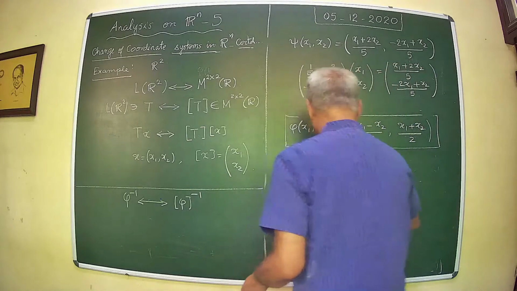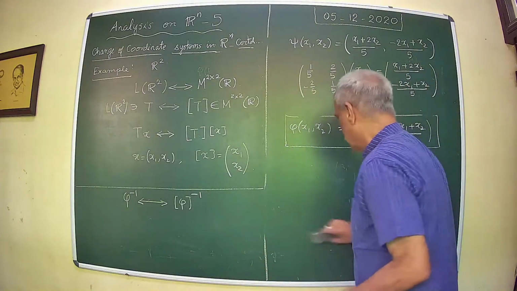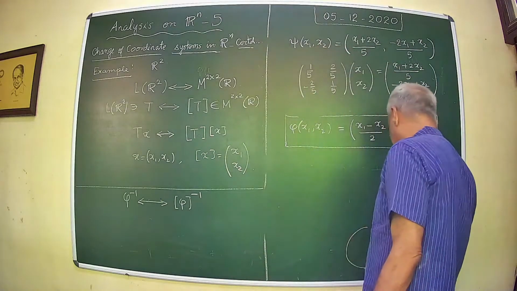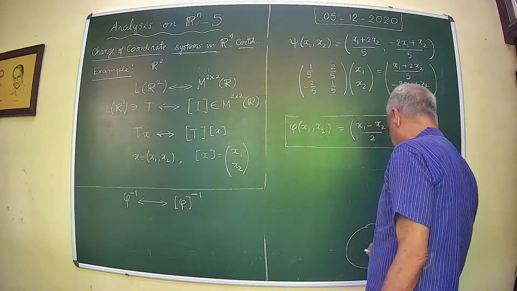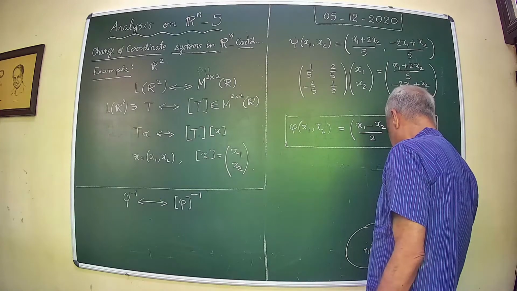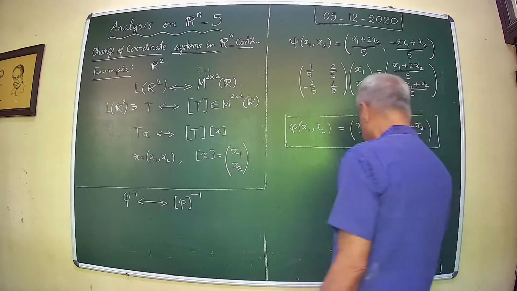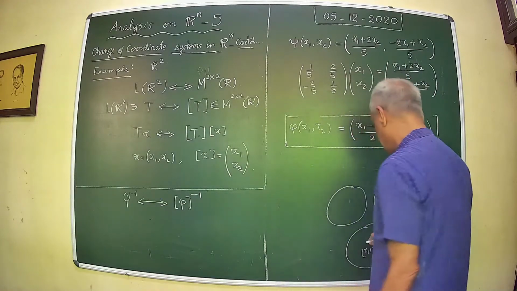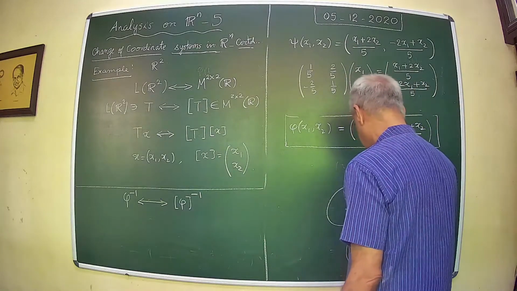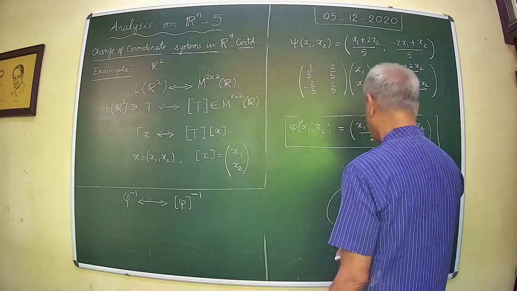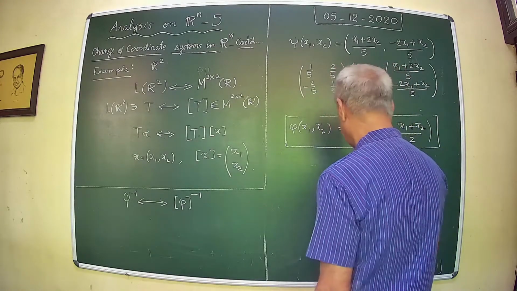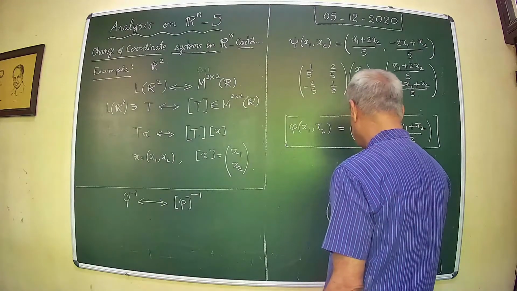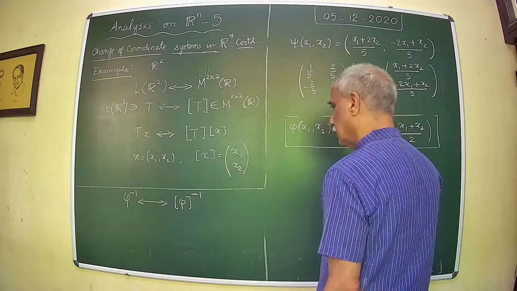Let me rework the picture. So I have phi going to what is called phi x.